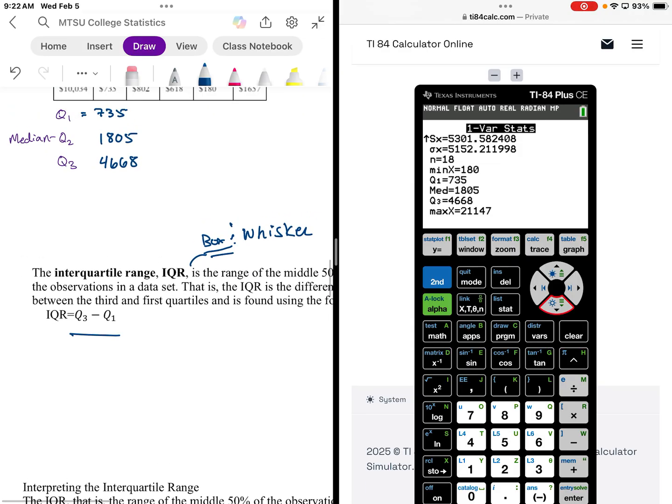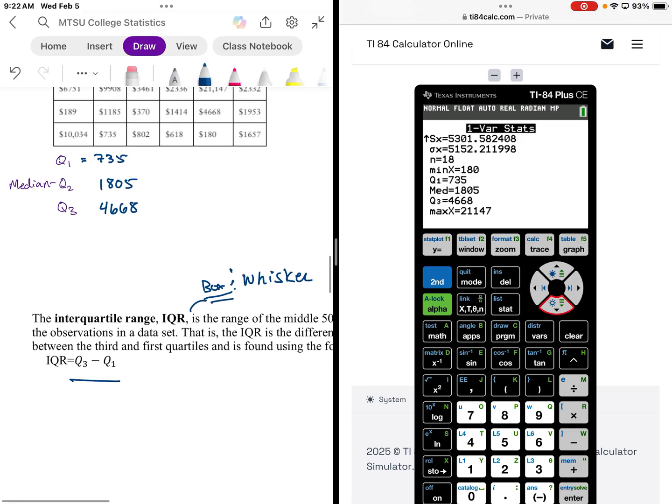So for our example up above, with that sample, the IQR for the above problem would have been 4668 minus 735. And we get 3993.